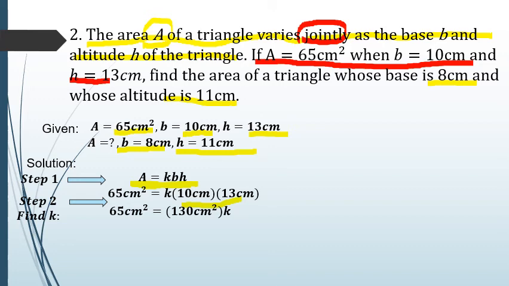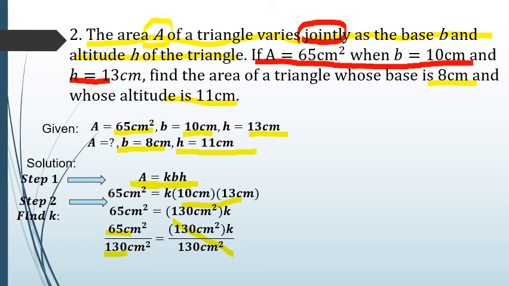Para ma-solve ang value ng K, kailangan natin tanggalin ang 130 squared centimeters. Ano ang dapat gawin? Divide both sides by 130 squared centimeters. So, dito, may matitira na lang na K. Ito naman, yung 65 at 130, both divisible by 65.